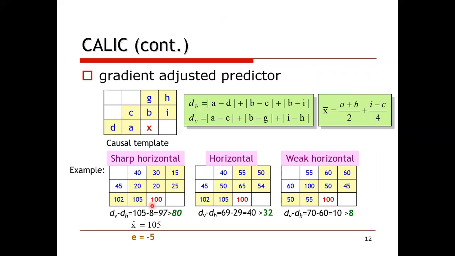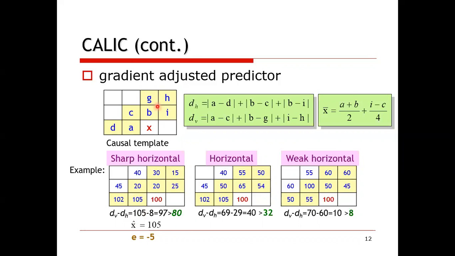So the predicted value of 100 is dB minus ds. dB is 20 minus 30 plus 105 minus 20 plus 25 minus 50, which becomes 105. The ds value becomes 105 minus 102 plus 20 minus 20 plus 20 minus 25, which becomes 8.